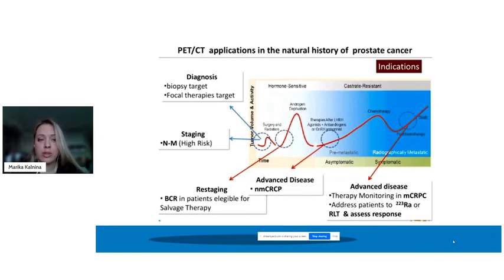We can also use PET-CT for advanced disease, for non-metastatic castration-resistant prostate cancer, to monitor therapy, to select patients for therapy with radium or radioligand therapy, and to assess response to those.